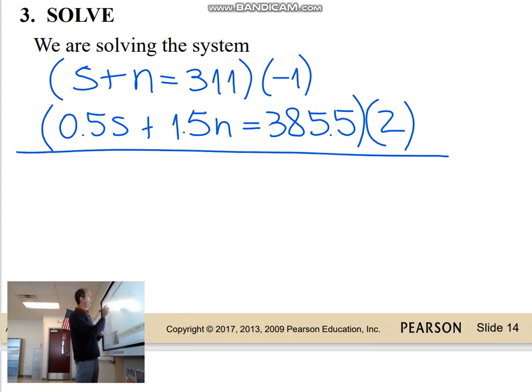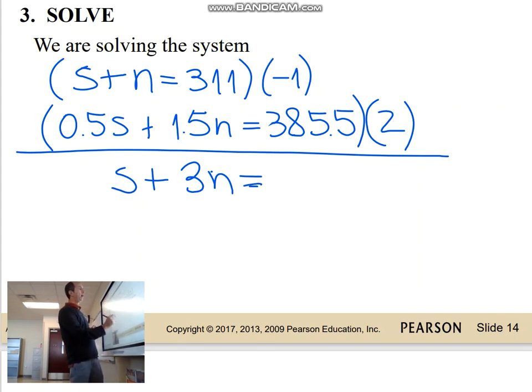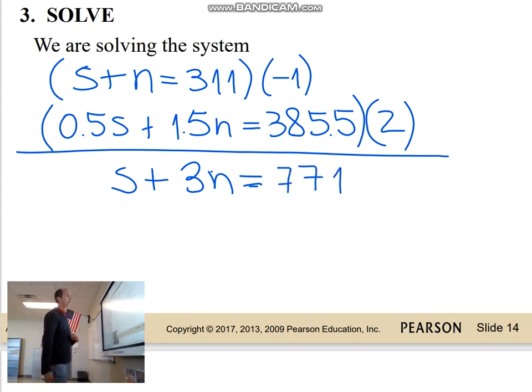So let's see, after we do the multiplication, we're going to have 0.5 times 2, s, 1.5 times 2, 3n, s plus 3n, and 385.5 is going to be 771, right? 771.